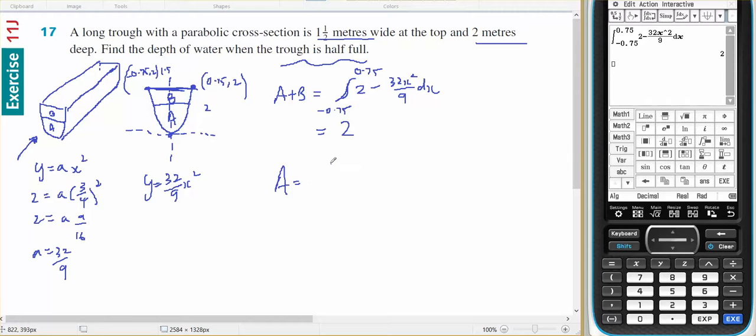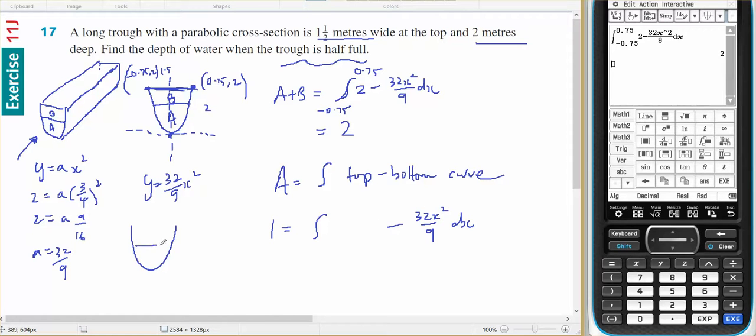The area A is going to be the integral of the top curve minus the bottom curve, and I'm going to have 1 equals that integral. Now my bottom curve is 32x squared on 9, dx. My top curve is going to be this line, and I don't know this line. So if I was to imagine this point here to be a, then the height, if I put a into this rule, would be 32a squared on 9.